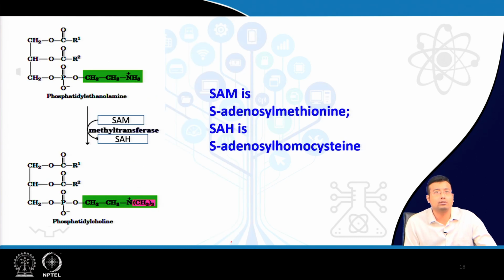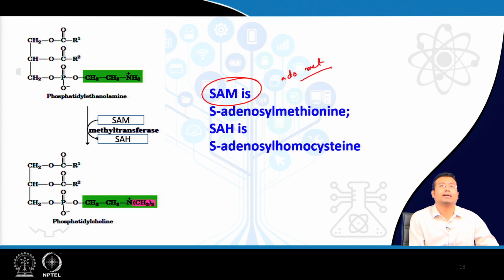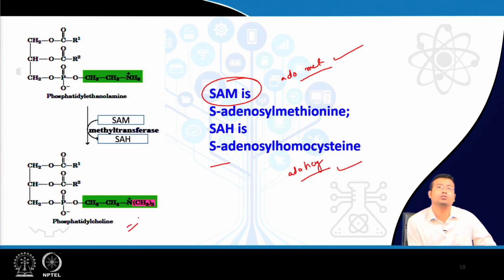If it is methylated by the methyl donor, that is S-adenosyl methionine, also known as ADOMET, whereby the action of methyl transferase it is converted to S-adenosyl homocysteine, also known as ADOHCY. These are the abbreviations for S-adenosyl methionine and S-adenosyl homocysteine. So, with the addition of methyl groups by multiple methyl transferases, it leads to formation of phosphatidyl choline.